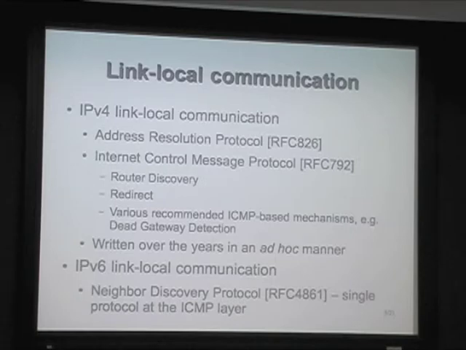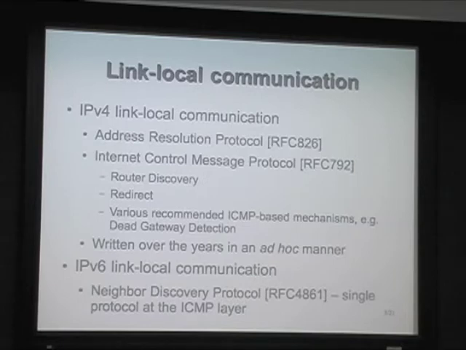I can give some examples of optimizations. For example, with address resolution protocol, when a node was sending a query in order to resolve the address, the query was sent to all nodes on the network, while with neighbor discovery protocol, a message is sent only to the destination, to the specific host, so we don't flood the whole network. And there are other, bigger changes.